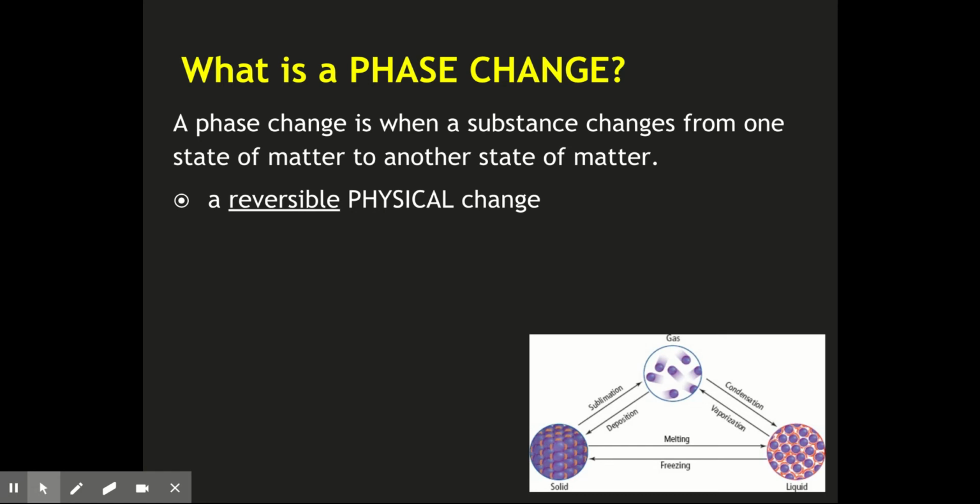A phase change is a reversible physical change. Okay? A physical change, think of someone who has just lean muscle on their body. We'll say their arms, right? They just have lean muscle on their arms. And then they go to the gym and they lift weights, and their lean muscle becomes stronger and it actually becomes bulkier.